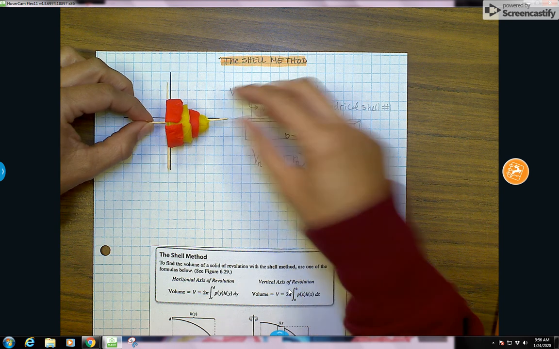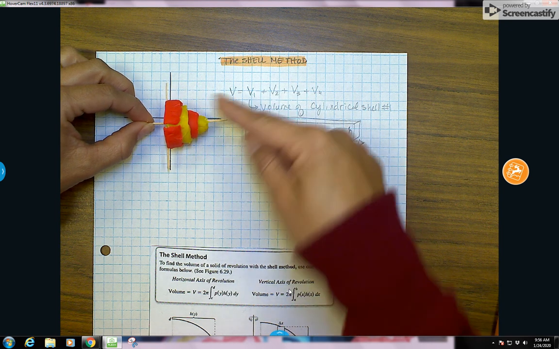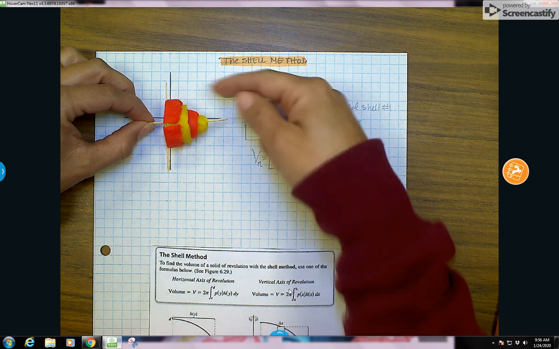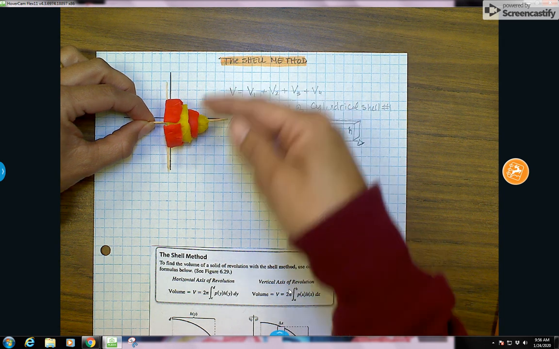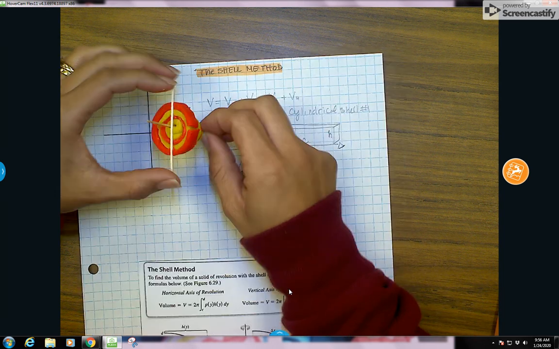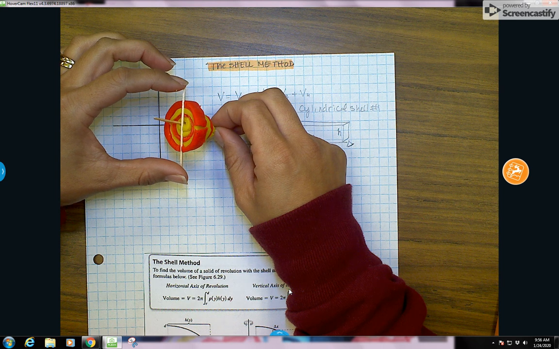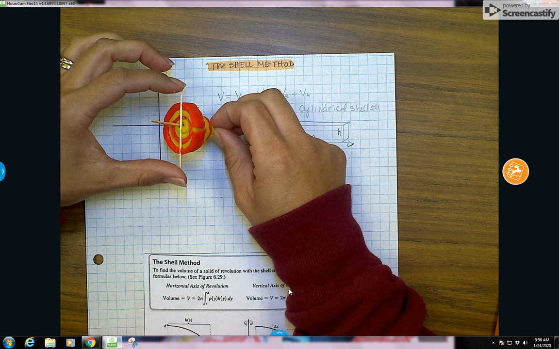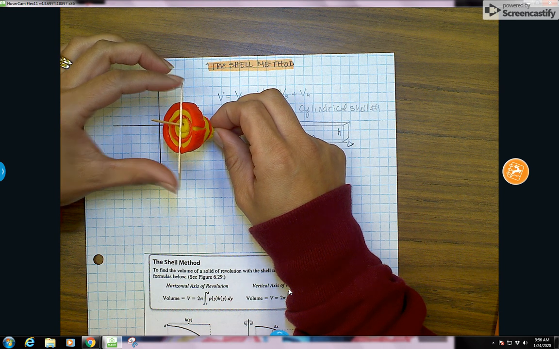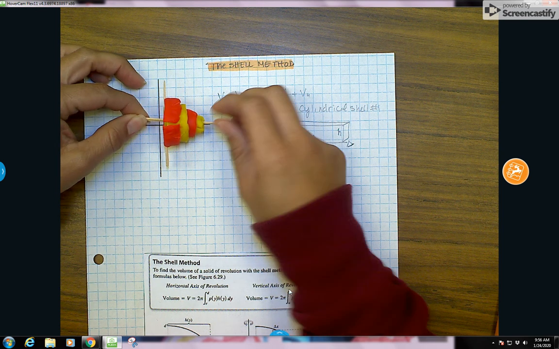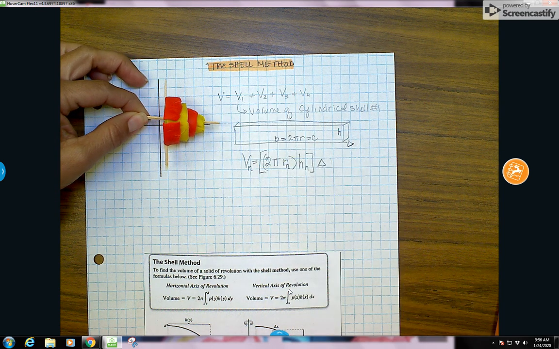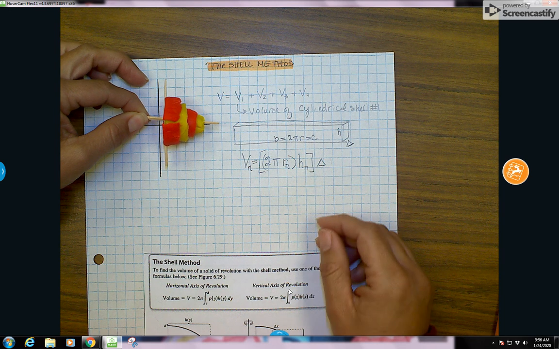So if it is rotated about the x-axis, or about a horizontal line, then the thickness of each shell is measured off of the y-axis. So if it's about a horizontal line, then it's going to be in terms of y.